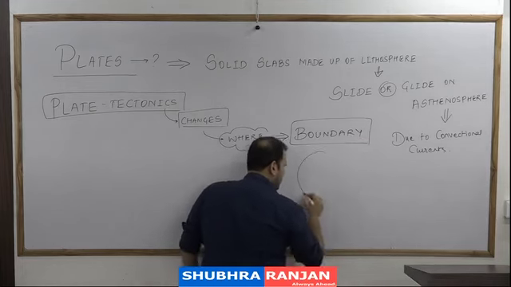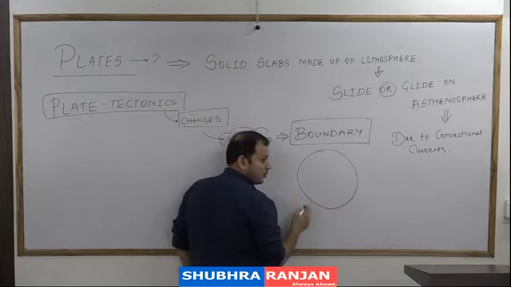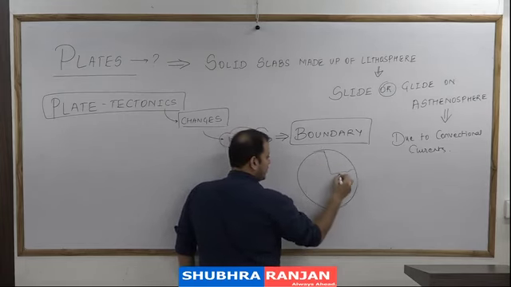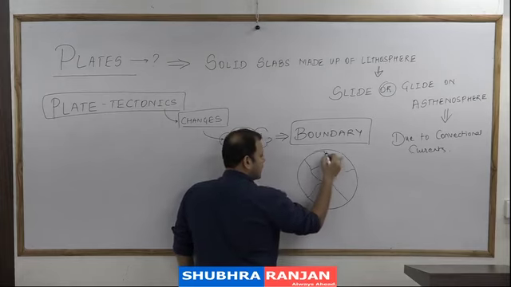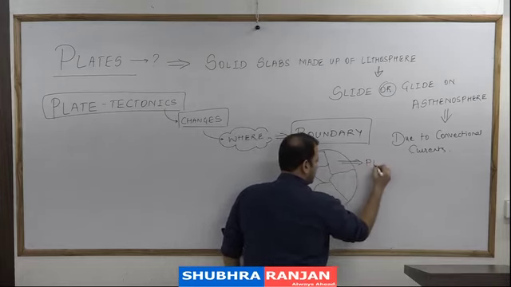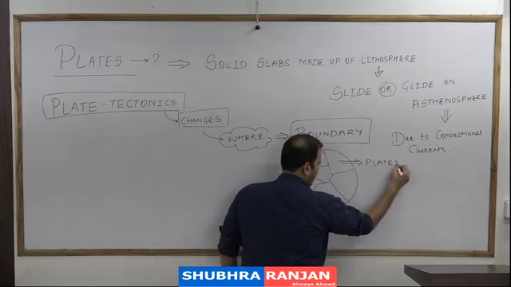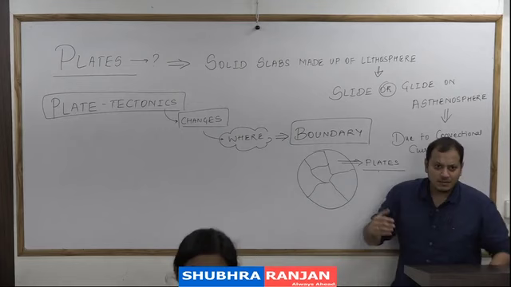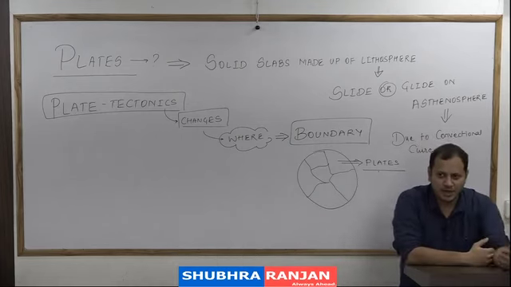So actually, if we take the earth as crust, mantle, core, and look at the top view of the earth, it is broken into different slabs. And this is the boundary of one slab, and we will call each of the slabs a plate. Now when the plates are there, these plates will come near each other, and that will have an effect.